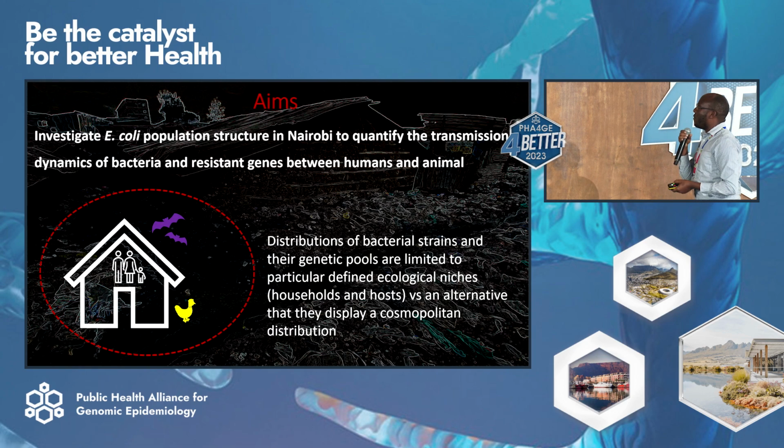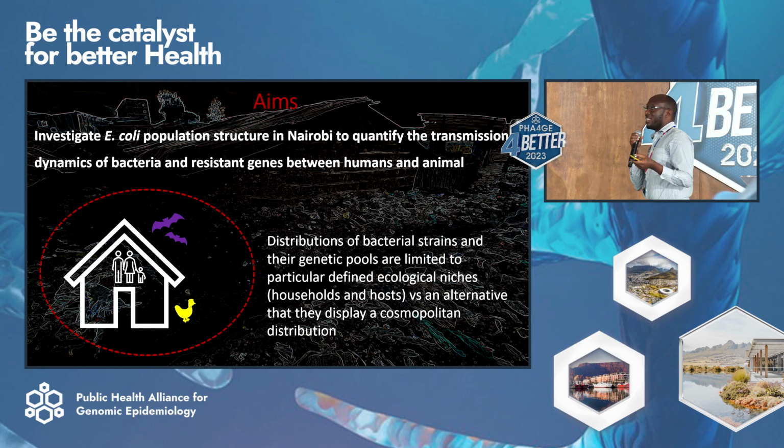So the aim of our study was to investigate the population structure of E. coli in Nairobi to quantify the transmission of pathogens across those One Health interfaces. And our hypothesis was that basically everything is everywhere.